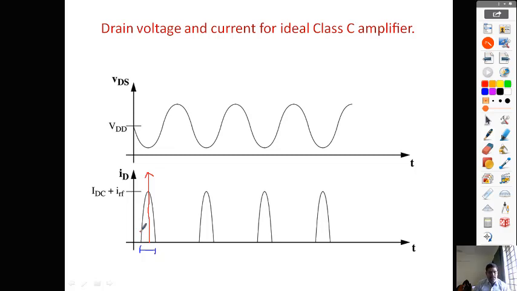Cosine is an even function, sine is an odd function. There is another flexibility we will have in the mathematical computation to reduce its complexity. Therefore, we are going to represent it as a cosine waveform.